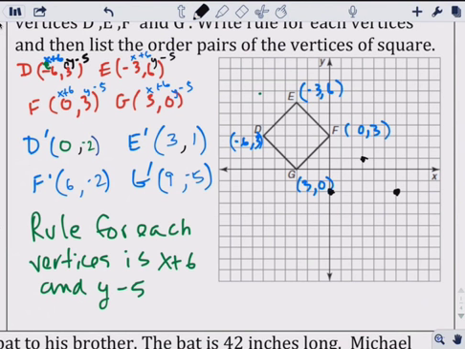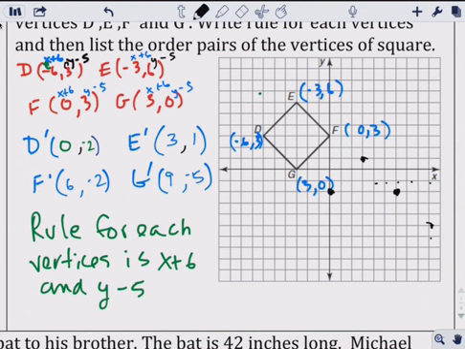And 9, oh, 6, 7, 8, 9. That doesn't look right. 9, negative 5. Look! 4, 5, 6, 7, 8, 9. Negative 5. Well, we know that's wrong for sure.